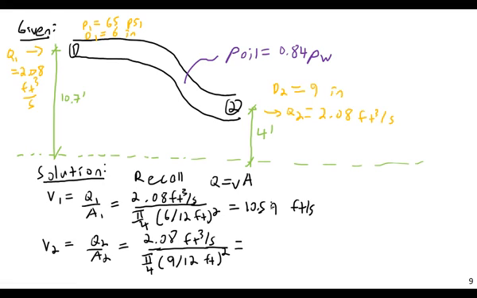Squared, third, same thing, right? A math joke. Bad math joke. And this comes to 4.71 feet per second. Okay, now on the next slide I'm going to plug these into the Bernoulli equation.